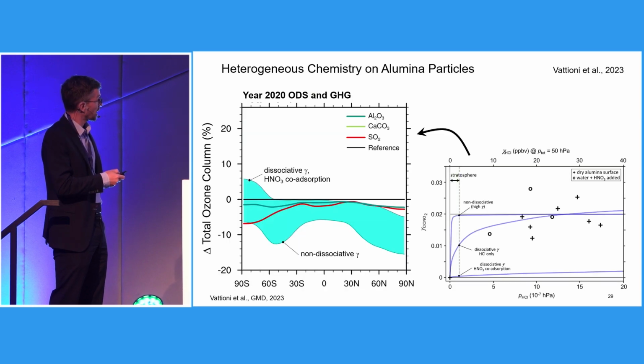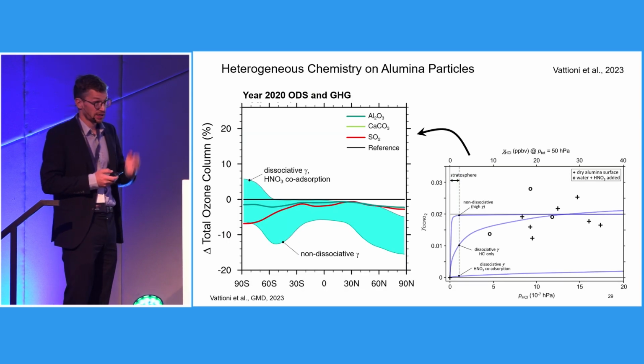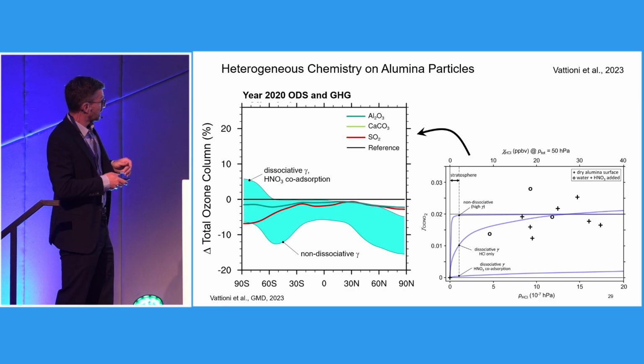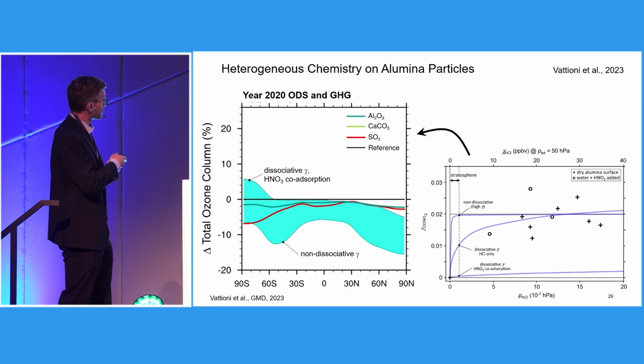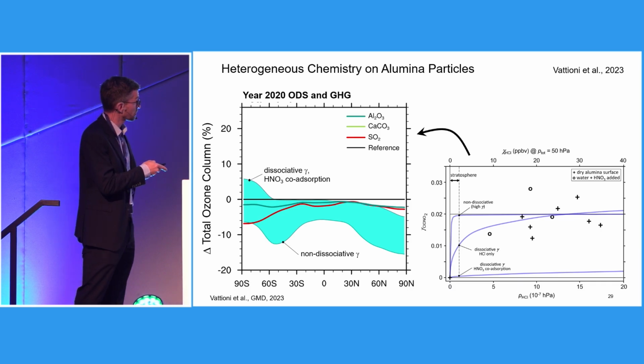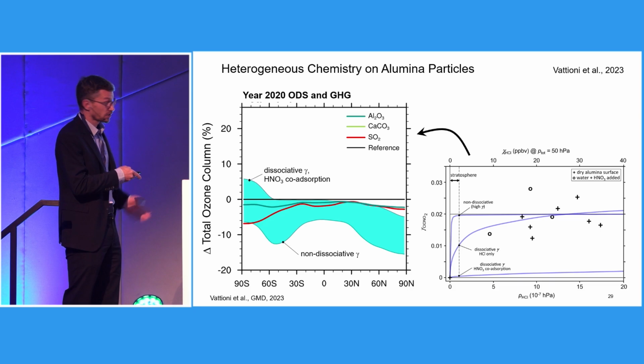We did that by applying a Langmuir-Hinshelwood parametrization of reaction and adsorption. And there you get, again, a very big spread of possible outcomes. The uptake coefficient could be as high as almost 0.02, but also as low as almost 0.